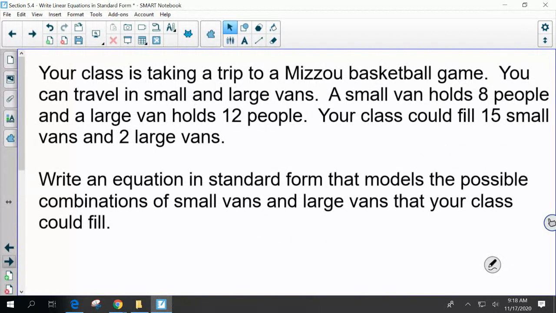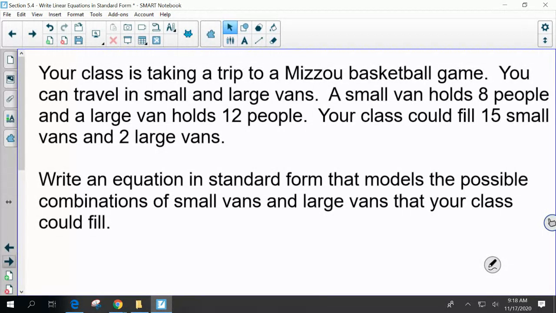Your class is taking a trip to a Mizzou basketball game. You can travel in small and large vans. A small van holds 8 people and a large van holds 12 people. Your class could fill 15 small vans and 2 large vans. Write an equation in standard form that models the possible combination of small vans and large vans that your class could fill.